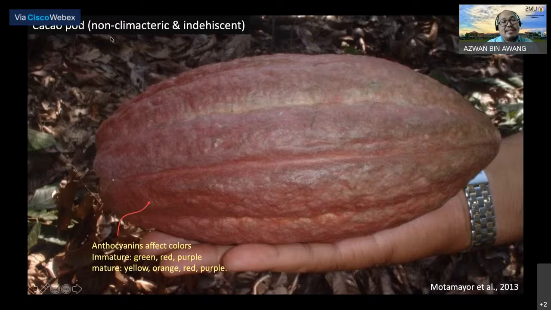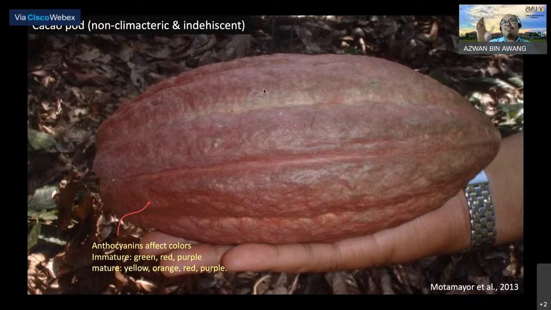So I put here that the cacao pod is non-climacteric and indehiscent. Non-climacteric means that, unlike a banana, which can still ripen after you take it off the tree even if you harvest before its ripening stage, cocoa cannot. If you harvest it before it's ripe, it won't ripen. Indehiscent means that some fruits fall after they become mature, but cocoa does not.